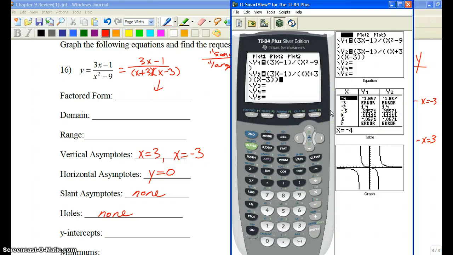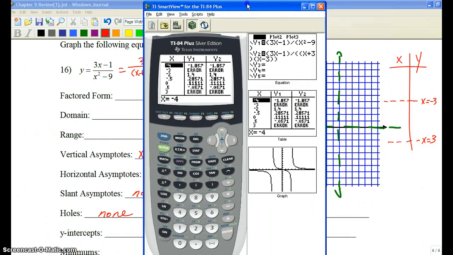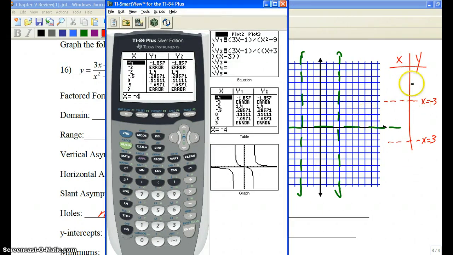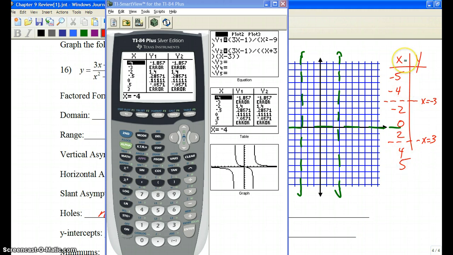So now we're going to turn around and use the second table set feature, make sure it's on ask, so that I can go to the actual table feature on the calculator and then type in the values I want to use. Now the values I want to use to the left, I'm going to pick -4, -5, 3 in the middle, I'm going to pick -2, 0, 2, and then I'm going to pick 4 and 5, just to kind of make it look a little pretty.